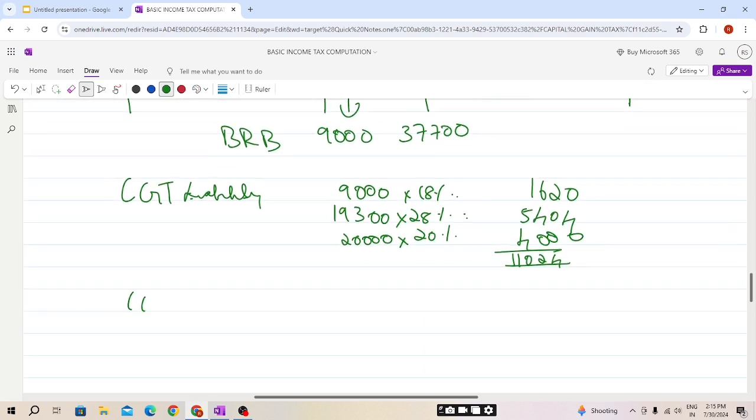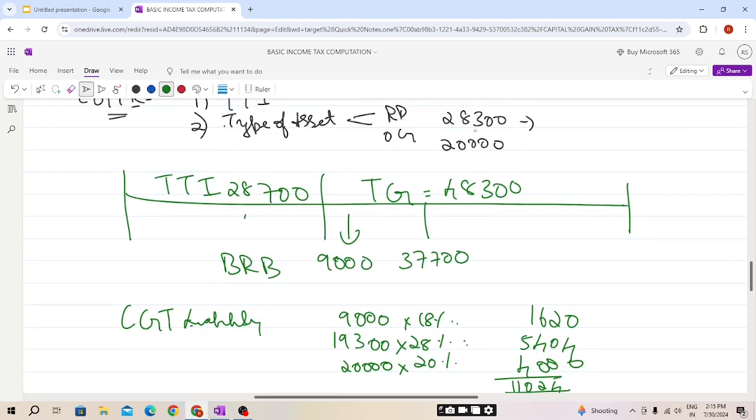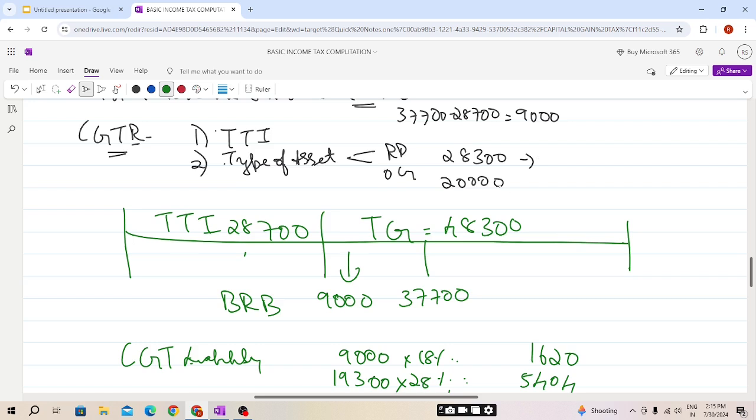But students, let's take an example and calculate the CGT in any order. First we'll calculate for other gains, then for residential property. If you do it this way, 9,000 will be taxed at 10%, 900.